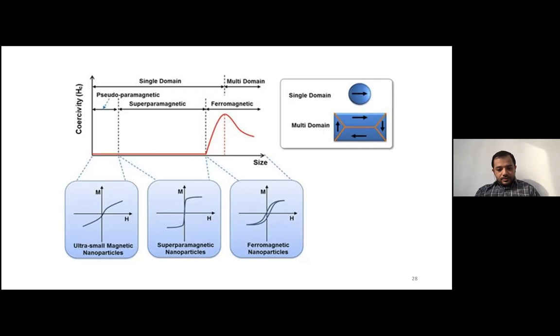And an interesting point here is the maximum peak of the coercive field, which is the borderline between whether a particle is a single domain or a multi-domain, as you can see in this image. And before that, it is basically superparamagnetic, right?